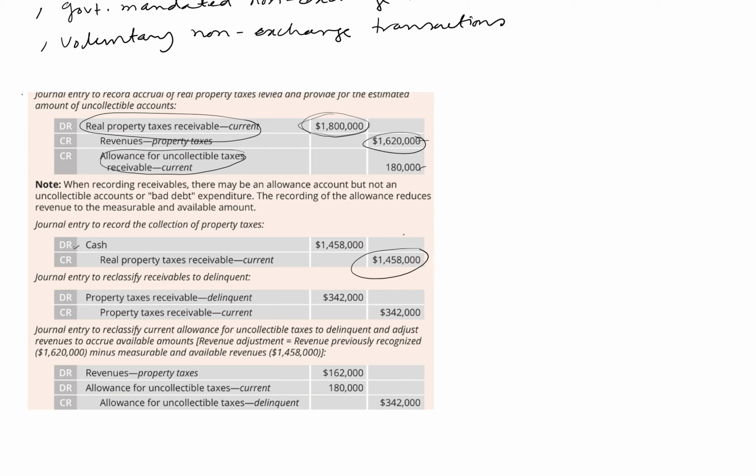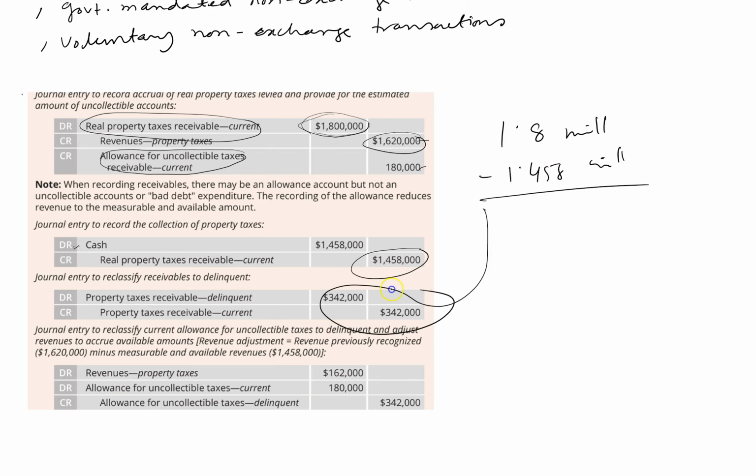So now they have to reclassify their receivables. 1.8 million receivables were at the beginning, they collected 1.458, and if you subtract 1.458 million from 1.8 million, this difference is the amount we have to reclassify.